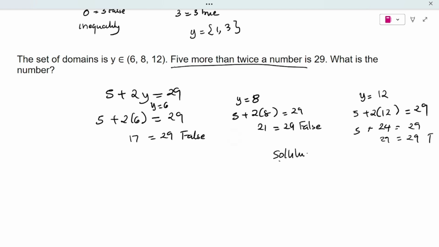For example, here we have the equation 5, and 5 is more than twice y. We already know that there is 29 at the end. So you say, oh, it's more. More than means plus. But if it was saying less than, then it would be minus. So you need to know the way the values are being described.